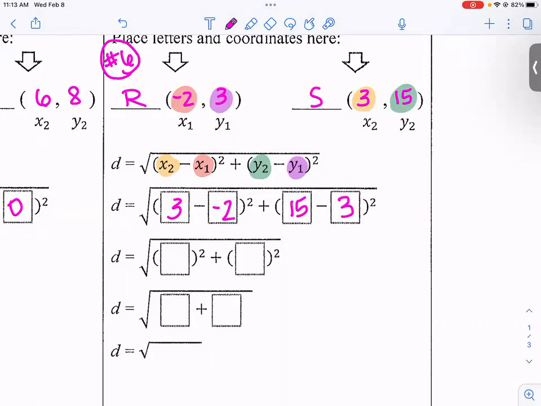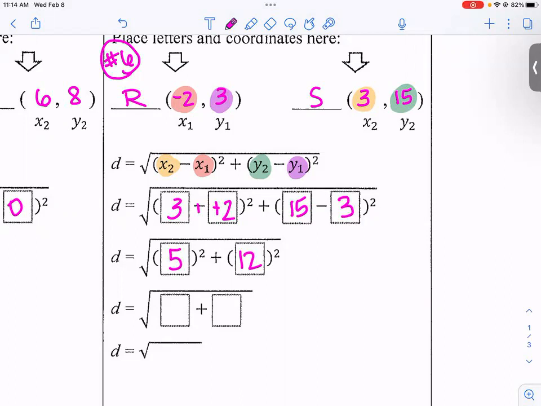That's like our keep, change, change. Keep, change. So this is 5 squared, and this is 12 squared. So, Brady, if we have minus a negative, that's when we have to do our keep, change, change and turn it into plus a positive.